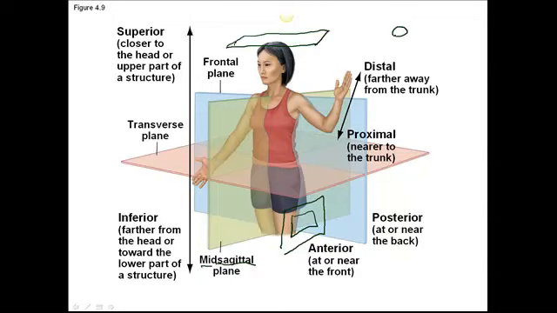So you would see that, and maybe you would see some brain tissue inside. And then the last one divides you into front and back parts, and this is the coronal plane or frontal plane. That's this one right here, and it moves from front to back.